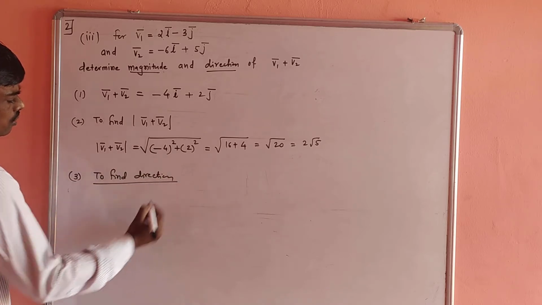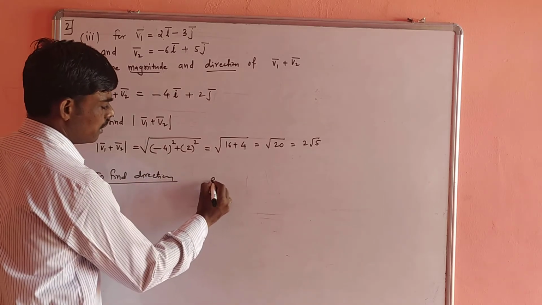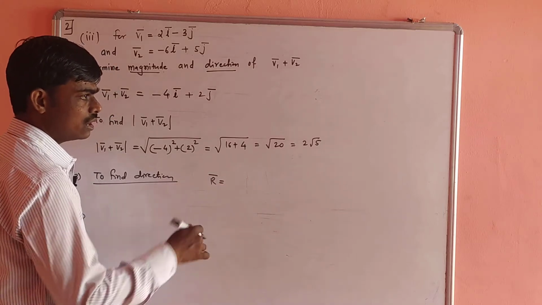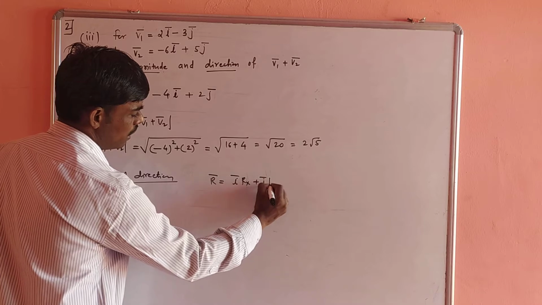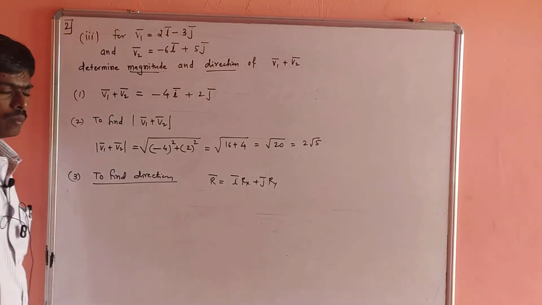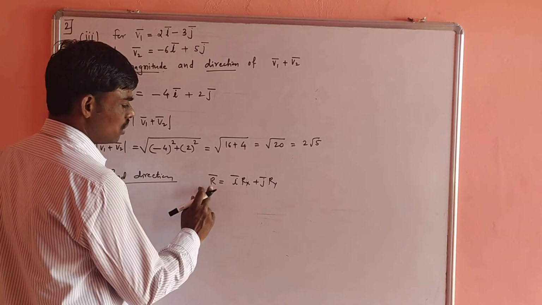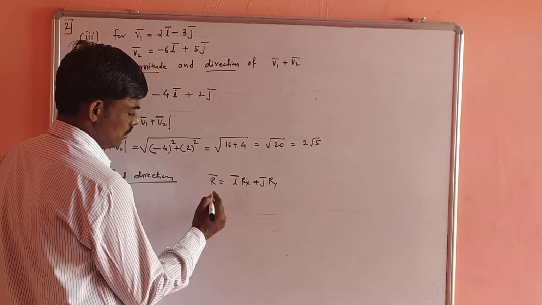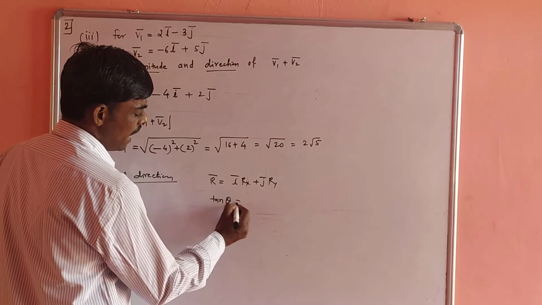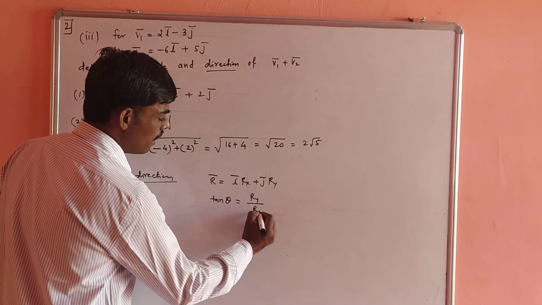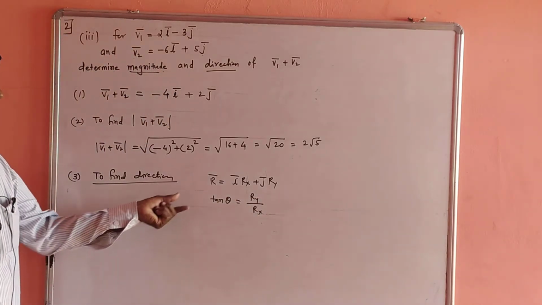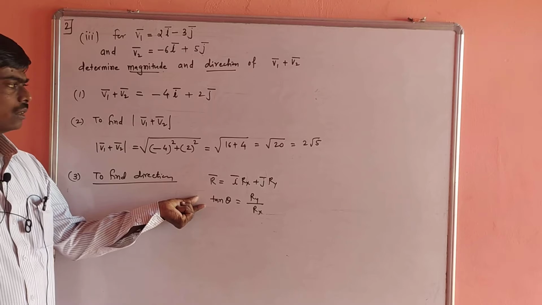So in theory we have studied that if any vector r, which is expressed in the form of i rx plus j ry in 2 dimensions, then the direction of vector r is given by the angle: tan theta is equal to ry by rx. This formula we have studied in theory.